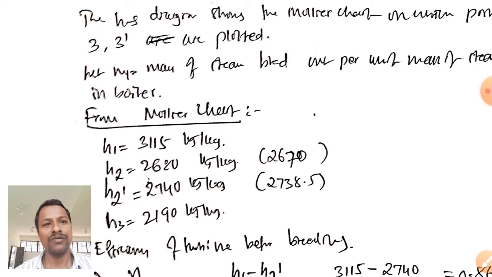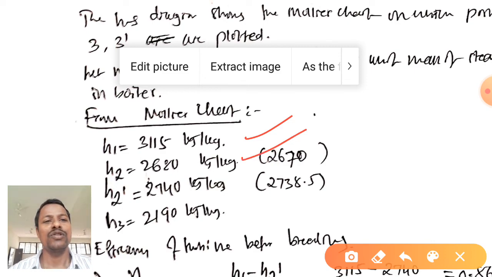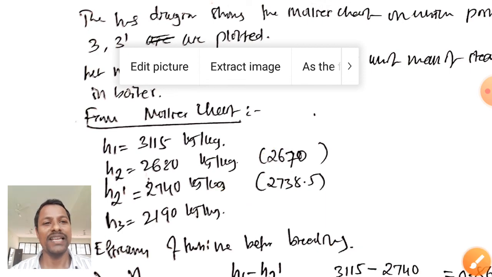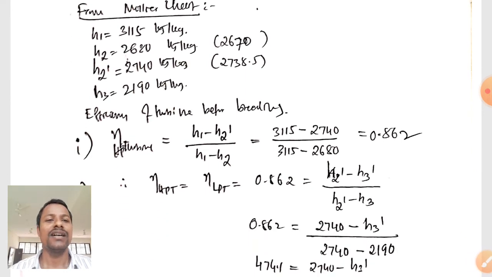H1 we are considering as 3115 kilojoule per kg, and H2 as 2670 kilojoule per kg, and H2 dash as 2740 kilojoule per kg. Then again H3 as 2190 kilojoule per kg. From the chart you can zoom and confirm.